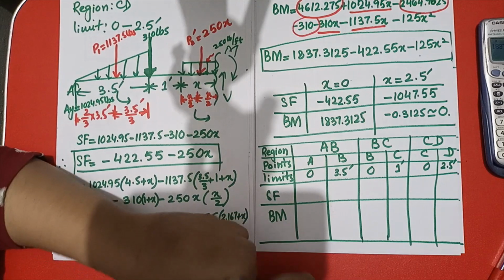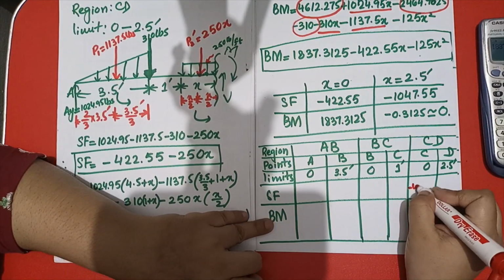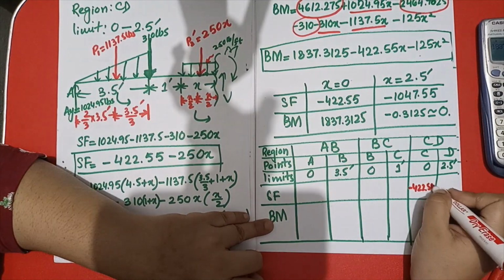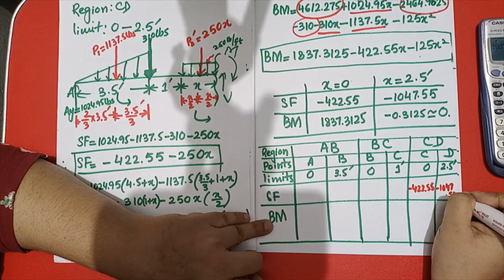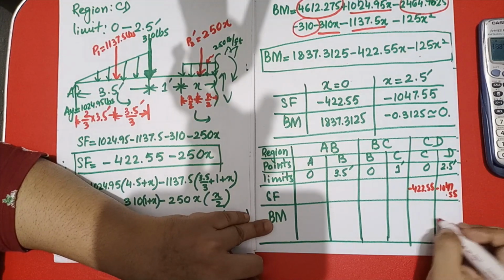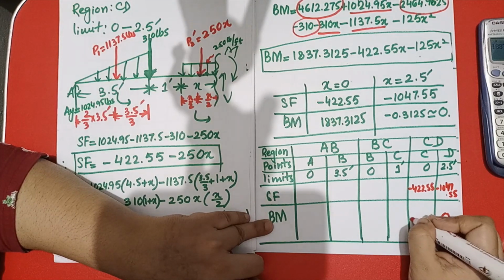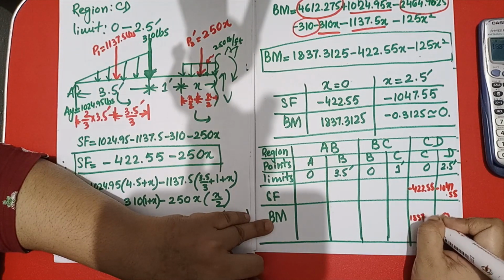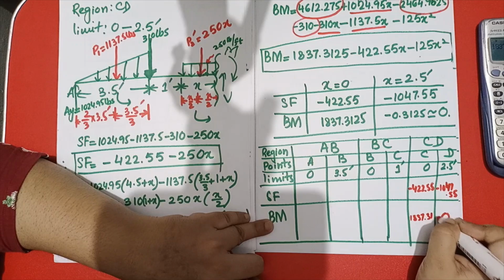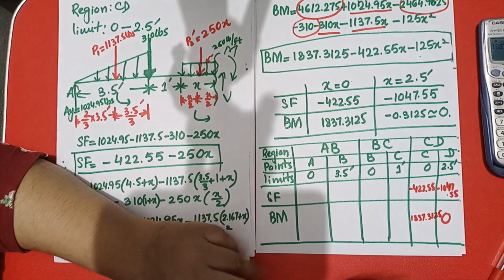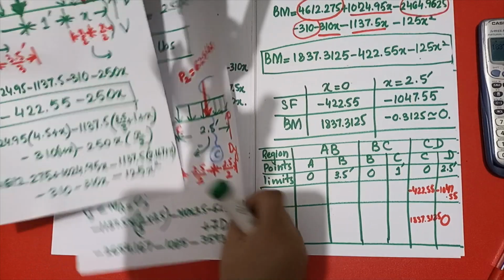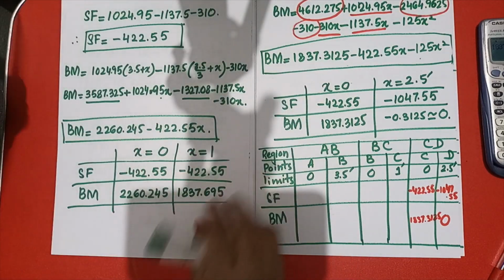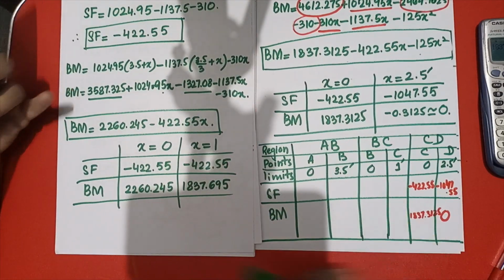So let me write it down. This is minus 422.55. This is minus 1047.55. And this is 0. And these are the bigger values. 3125. And the next value will be, you can see here, what? This is 0 or 1. These are the values.